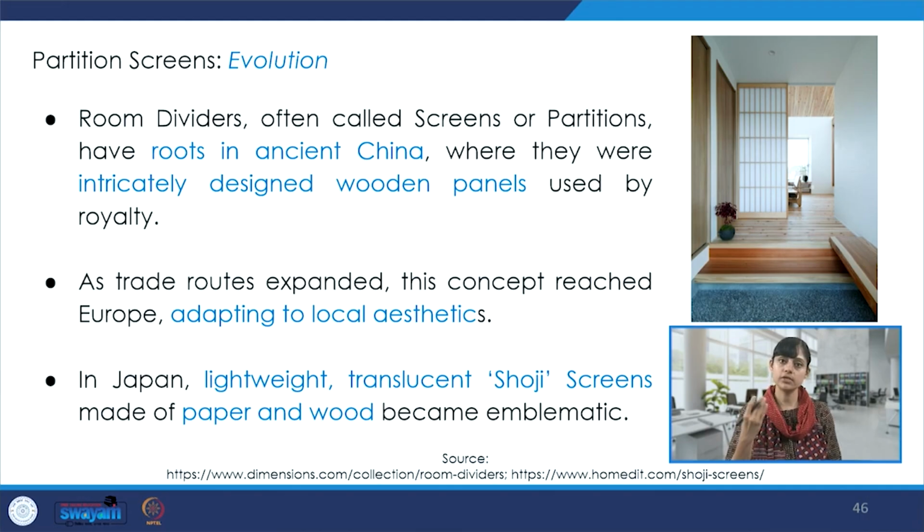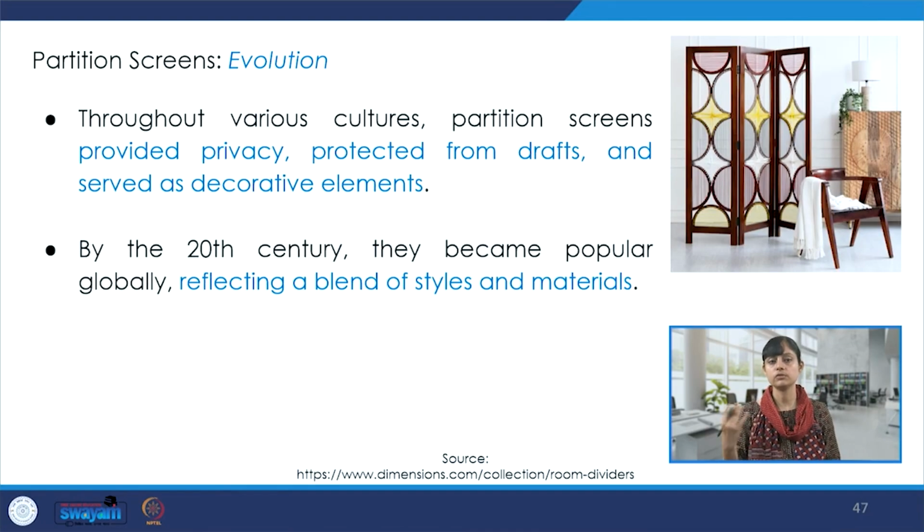And as the trade routes expanded, this concept also reached Europe and other parts of the world. According to the context and the local aesthetics, some of the designs were adapted and adopted. And also in the case of Japan, we see the shoji screens, which are made out of paper and wood, and they are known the world over. So we see some of these concepts evolution-wise.